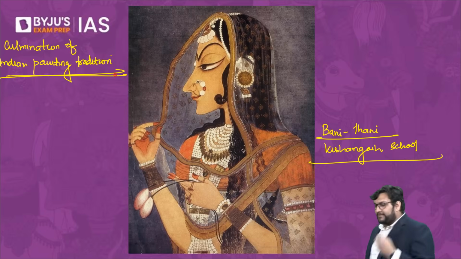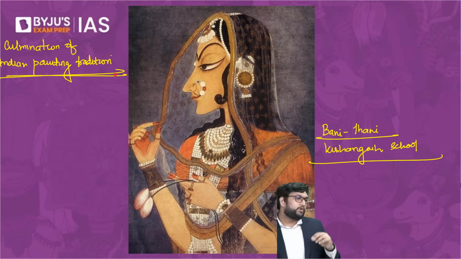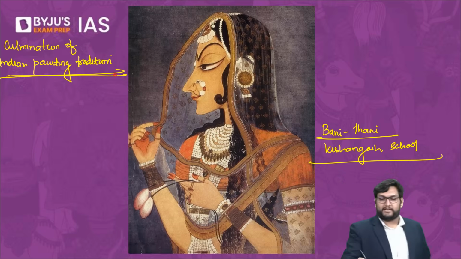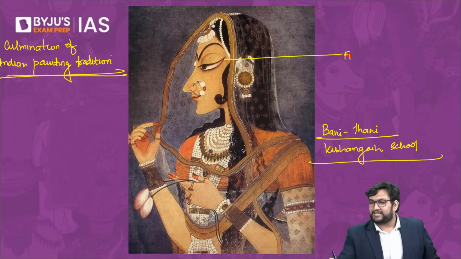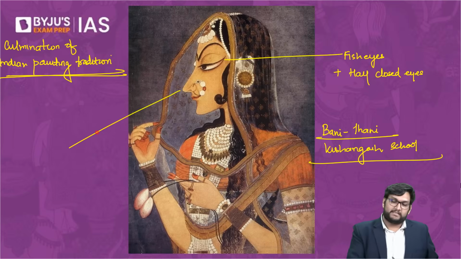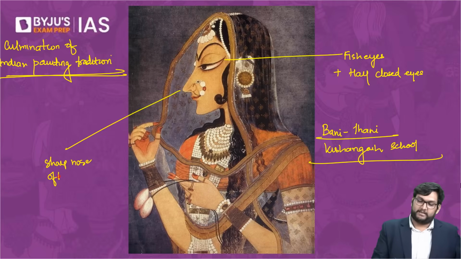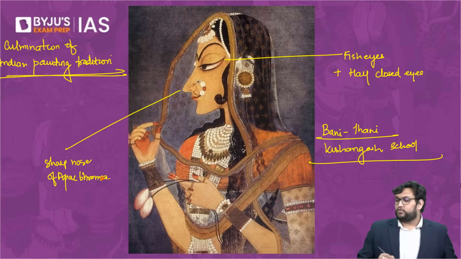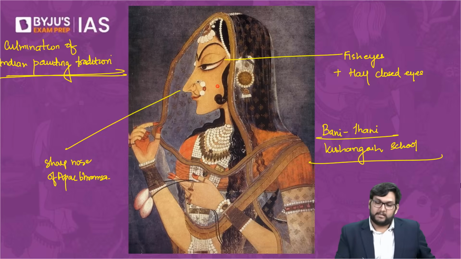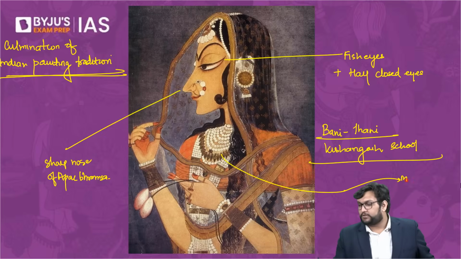Now, Bani Thani of Kishangarh school, you can see the culmination processes. For example, you can see fish eyes plus half closed eyes. You can see the sharp nose of Apabhramsa. You can see that the jewelry is Mughal jewelry.